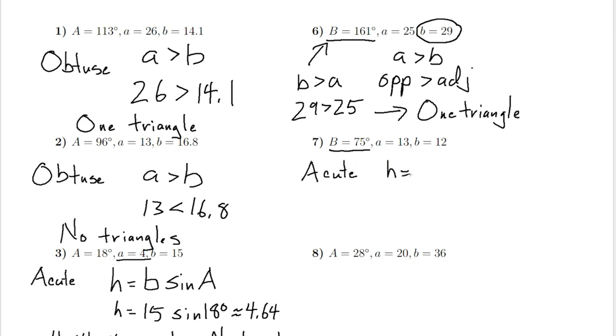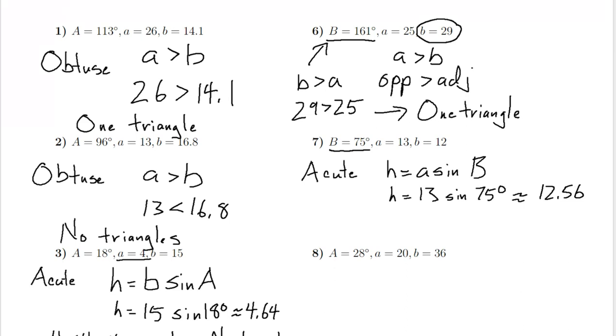In this case, height is going to be equal to A sine of B, because our A is going to be the adjacent side and B is our angle now. So if we fill in from the information that we're given, this will be 13 sine of 75 degrees. Putting that into a calculator, that's going to be approximately 12.56.